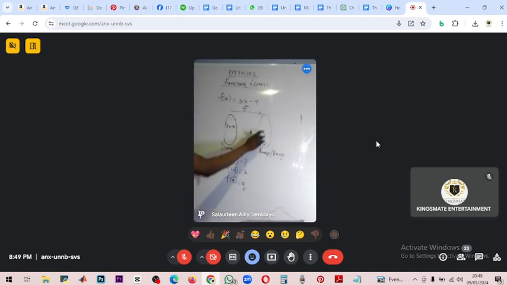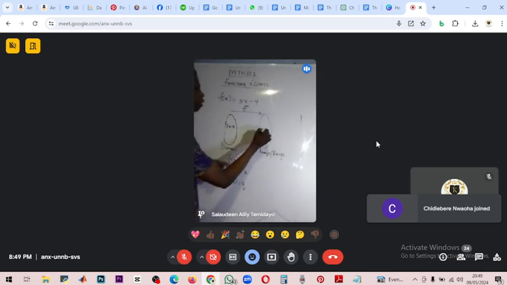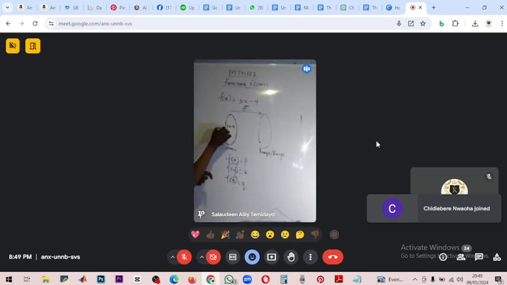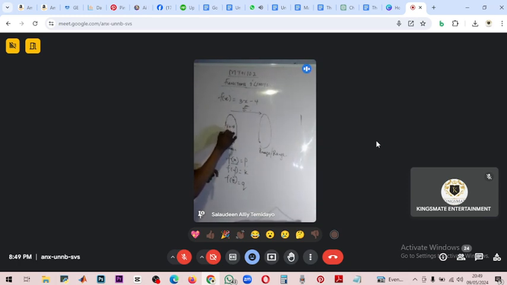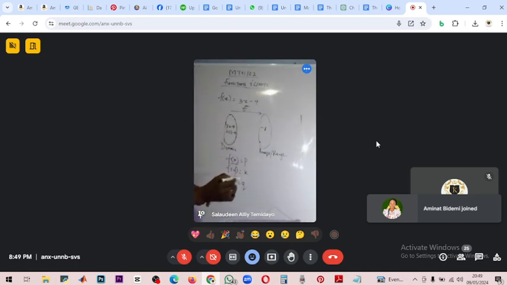This is the domain. This is the image. So any number that could be here, by using any value here, now let us see. If my x is 1, that's 3 times 1 minus 4 is equal to what? Minus 1. So my range would be having a value of minus 1.